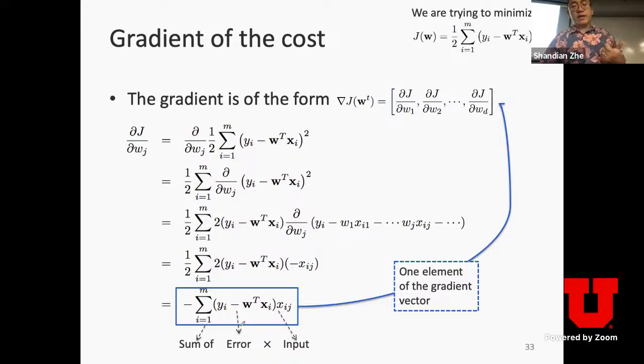Inside the summation, each summand is the error, the difference between the ground truth output and your prediction, times the jth feature of every input vector. Because we are computing the partial derivative of the loss function with respect to the jth weight, the result is the summation of the prediction error times the jth feature in the data, and then take the minus of it. That's it.